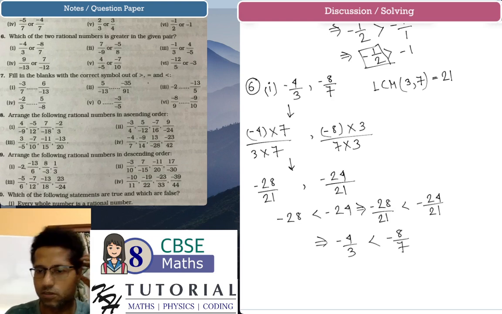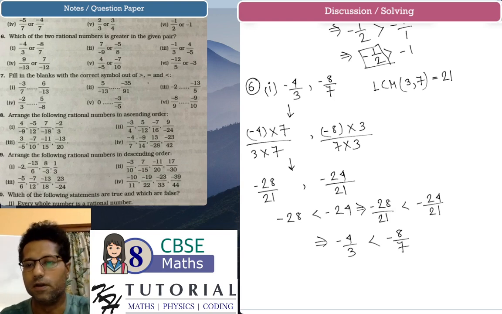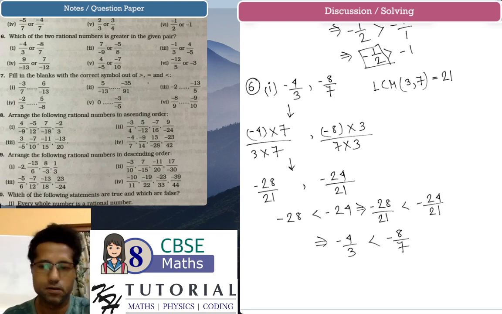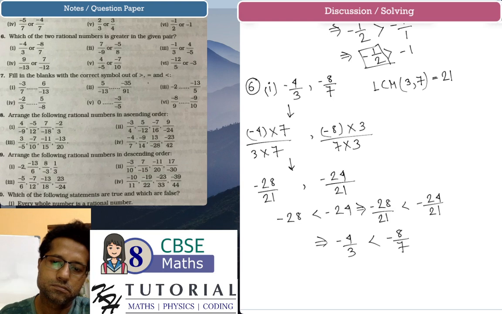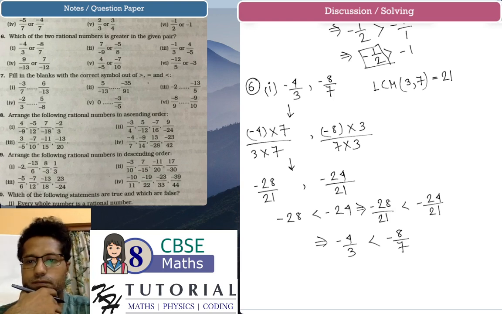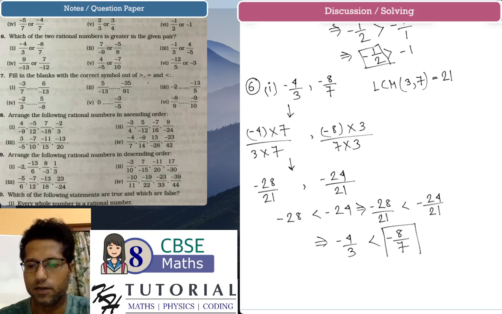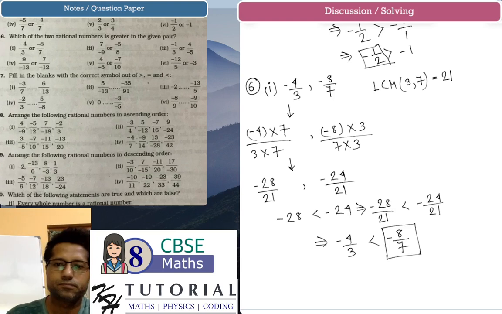Minus 8 by 7 was the original rational number of the equivalent form minus 24 by 21. So we clearly see that minus 8 by 7 is the larger or greater rational number.